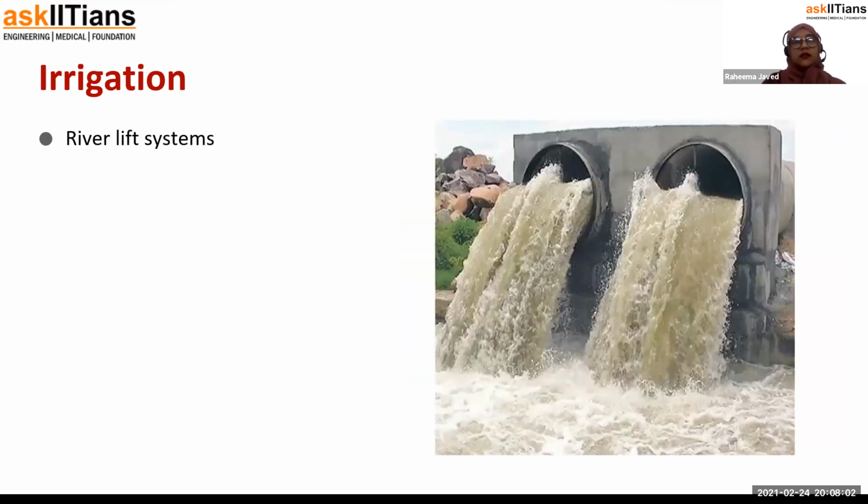The next type of irrigation system is the river lift system. In the river lift system, the water is directly lifted from the rivers. This one also is good if the farm is located nearer to the river.